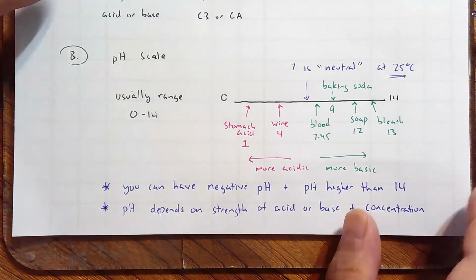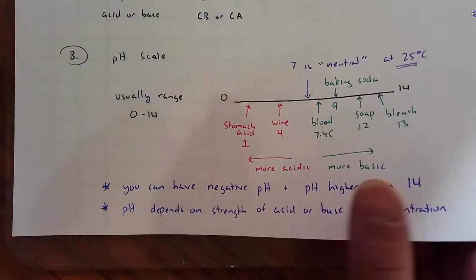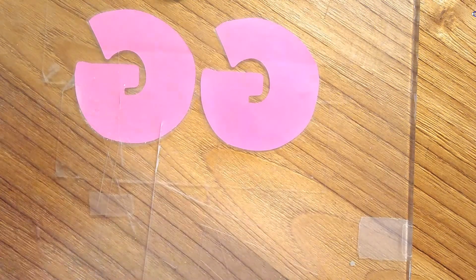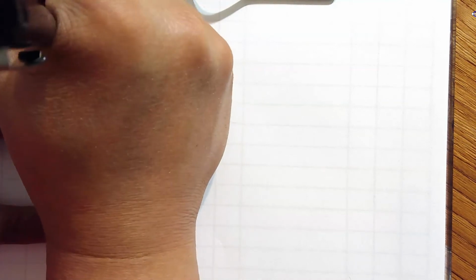In part C, let's do those calculations. pH is a log scale, and the H you could think of comes from proton, H+. So we're going to convert these concentrations of H+ into a log scale called the pH scale.